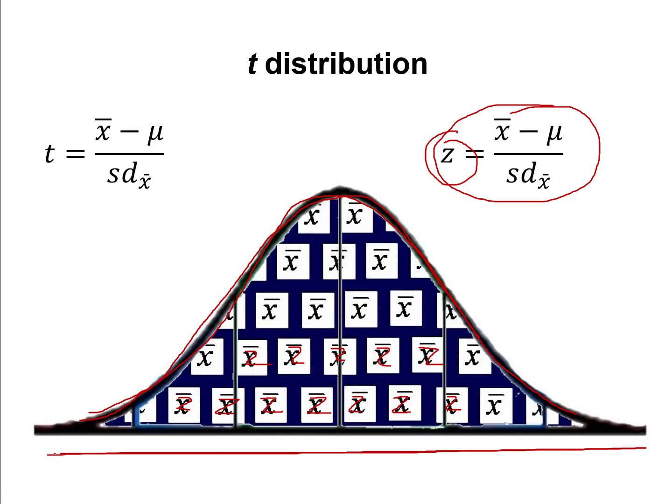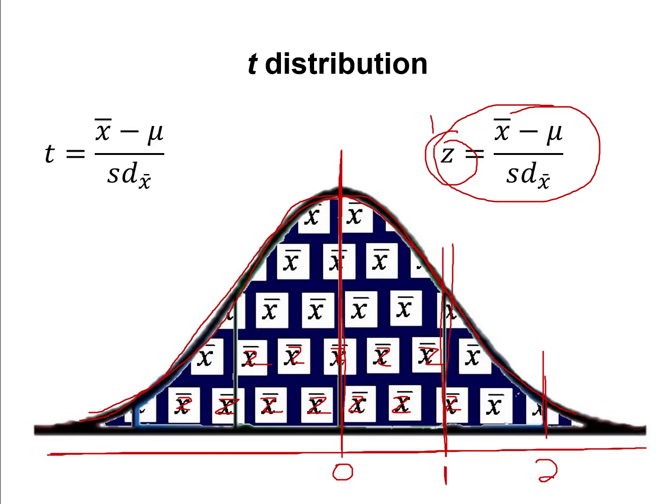Because when we convert scores to z-scores, it means that we now have a distribution where the midpoint right here, that's the true population parameter, and that midpoint is going to be 0 on our scale. And one standard error, or one standard deviation, higher than that midpoint is going to be a score of 1 on our scale. And if you're 2 standard errors higher than that midpoint, it's going to be a score of 2.